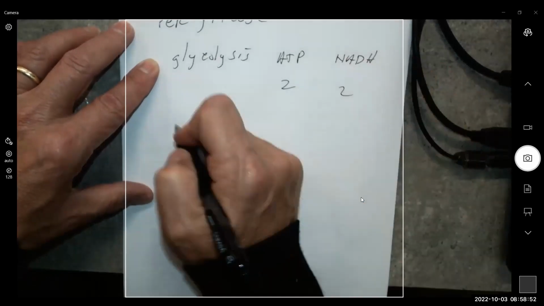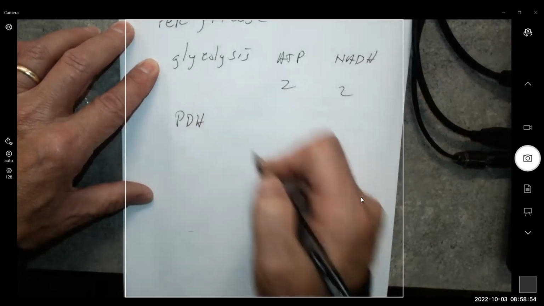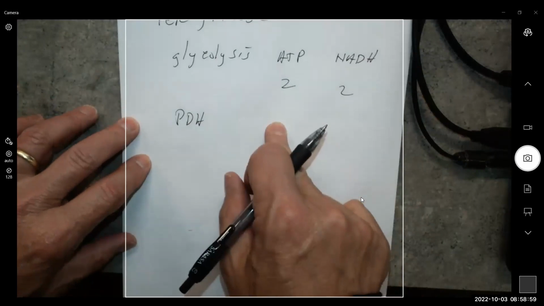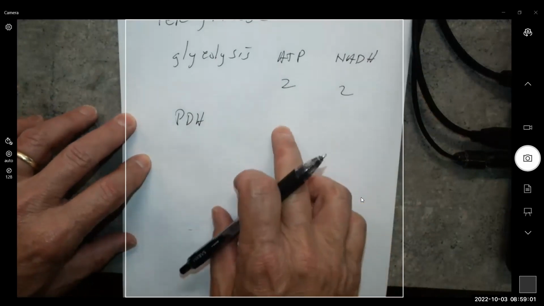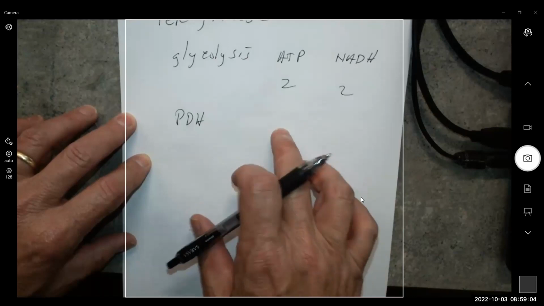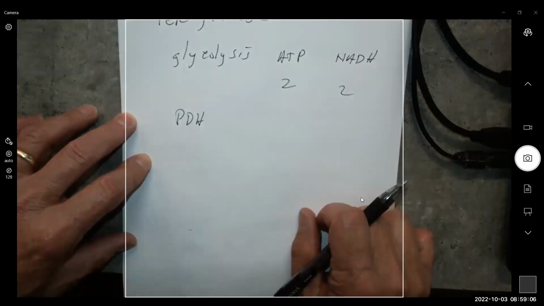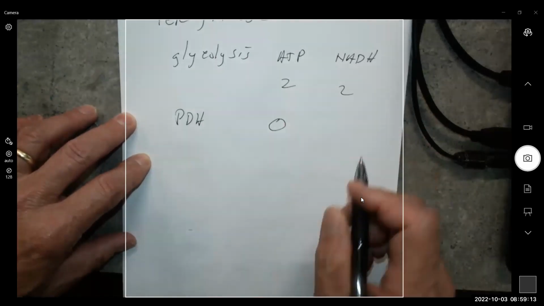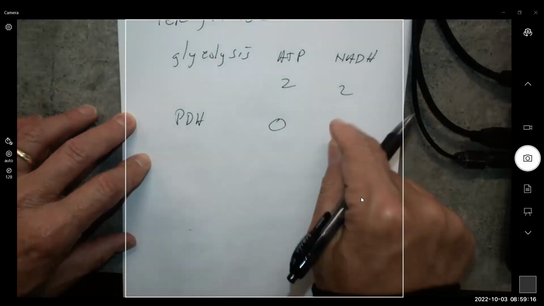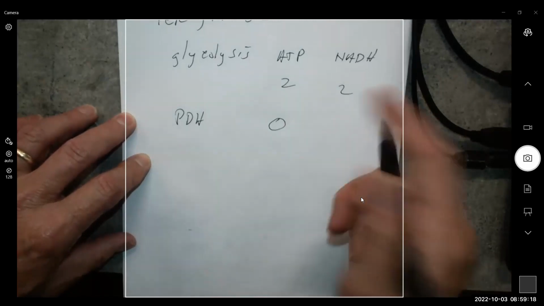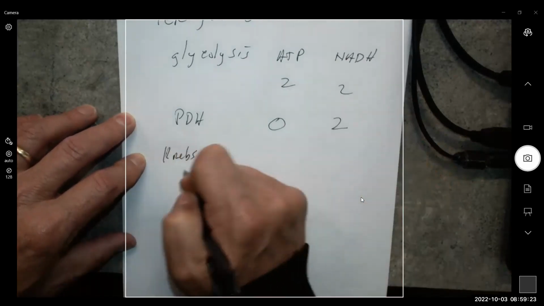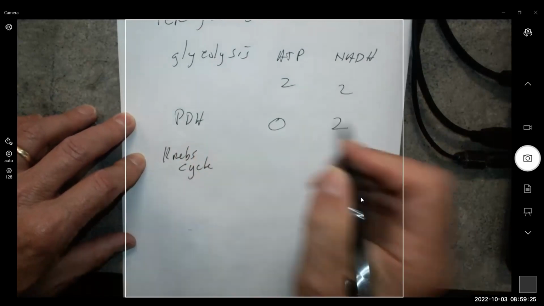Okay. All right, then there's the PDH catalyzed reaction. How many ATP do you make? Don't make any, do you? But you make a couple of these, don't you? Krebs cycle.